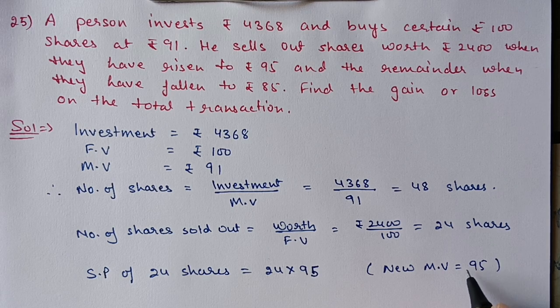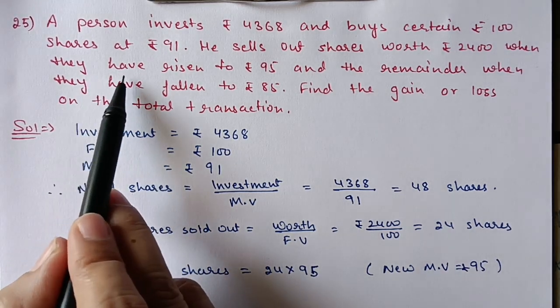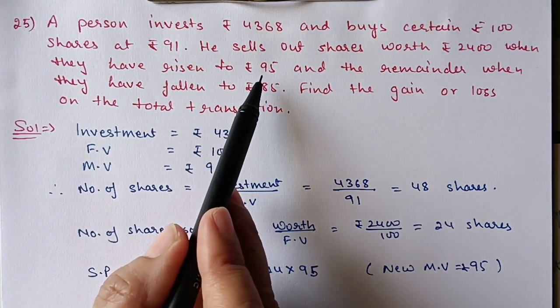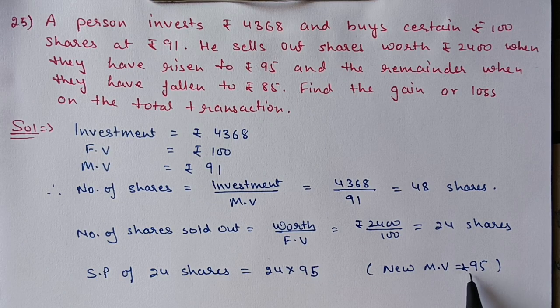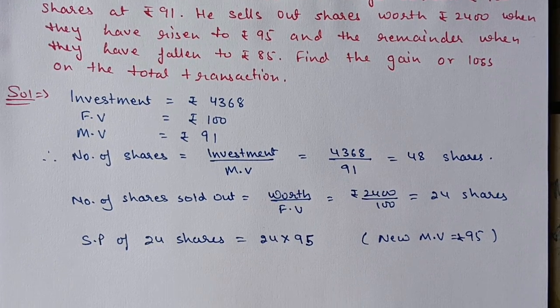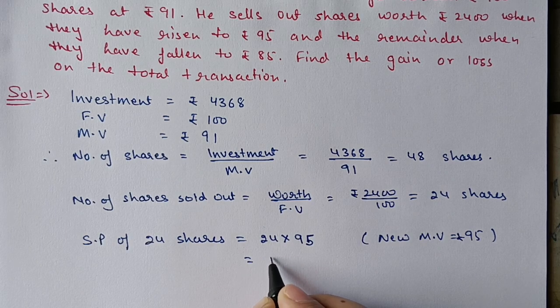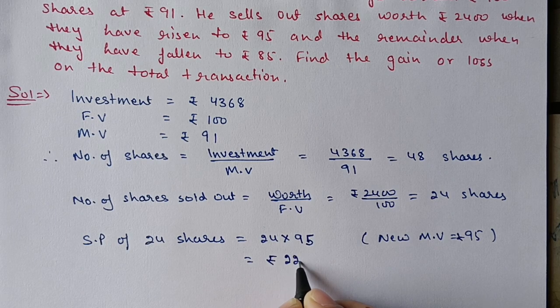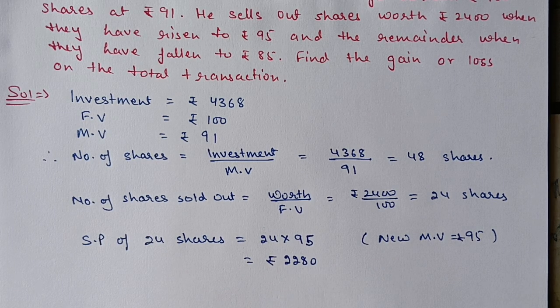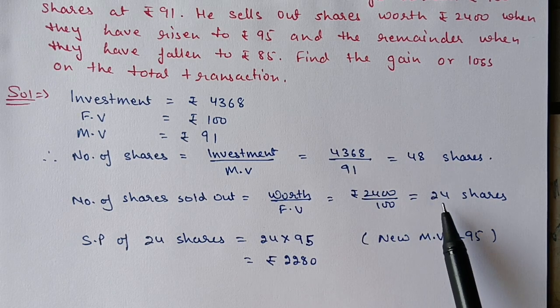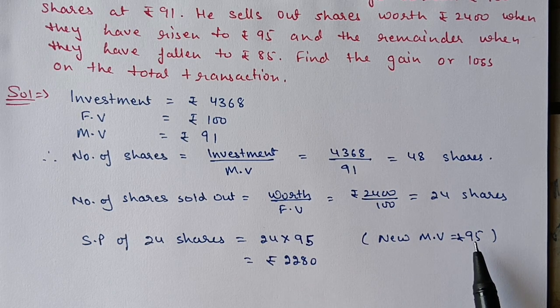It is given in the question, when the market value has risen to 95 rupees, at that time he sold out. So we will take here 95 rupees. So 24 into 95, selling price we are getting 2280 rupees.